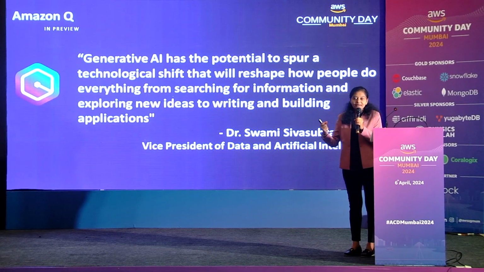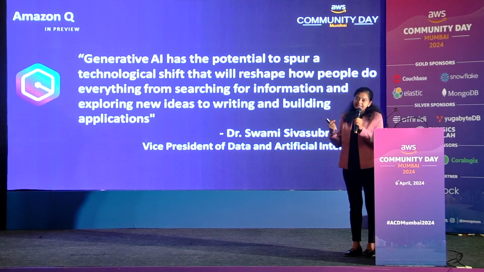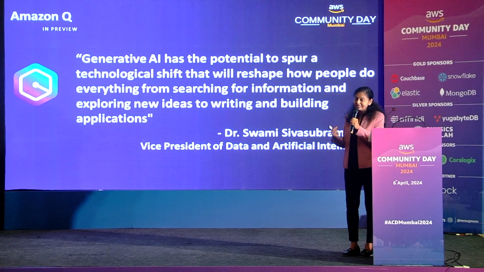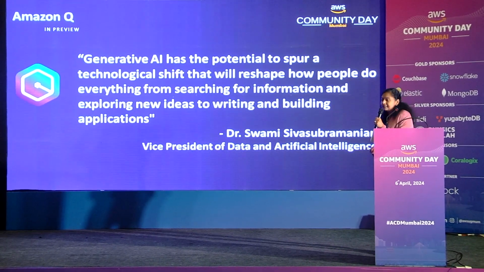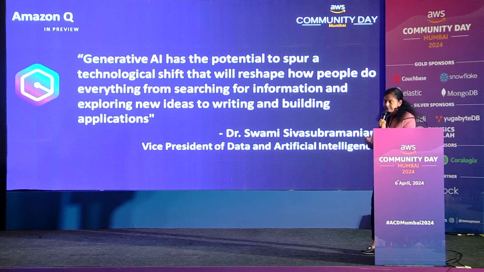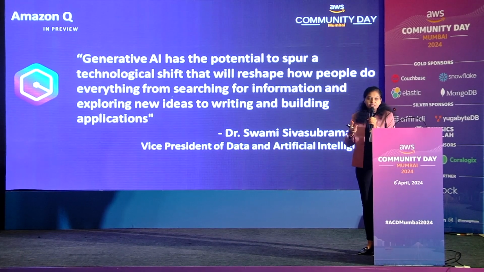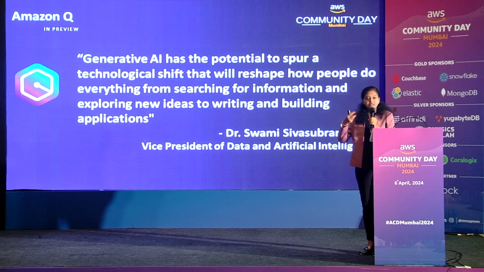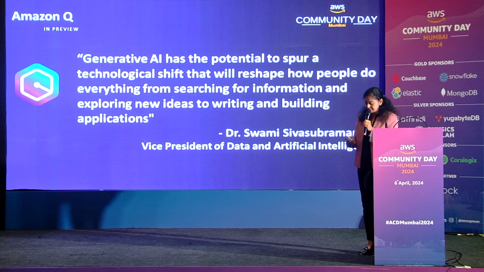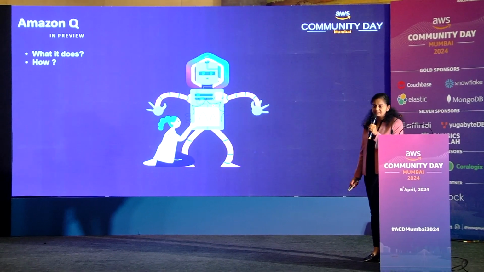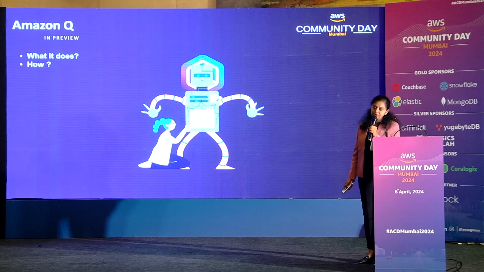It is gearing up towards a 360-degree shift, a paradigm shift, a technological shift. That is what is redefining, and it will definitely continue to shape how we look at normal things like searching, or even bigger things like going ahead with greater ideas and creating, writing, and building GenAI related applications. So the future is here. How does this Q work? What is it going to do for us?